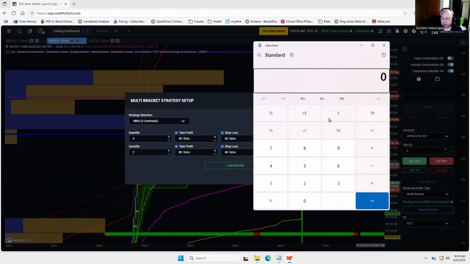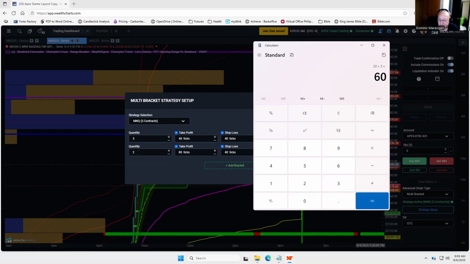How much is per tick? It's 0.5 per tick on MNQ, right? So how many ticks is that times 40? And we're talking the first profit target. Times 40 equals 20, times 3, that's $60 in the first target.